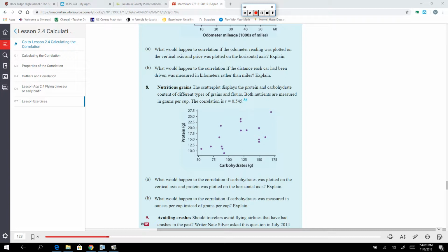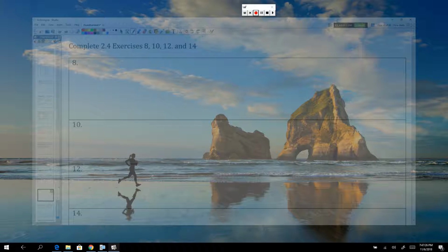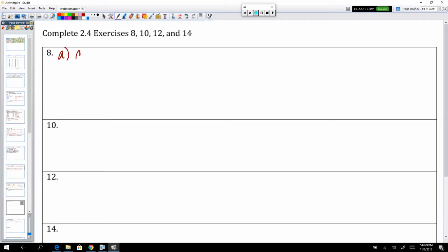This is a favorite question of statistics teachers. We love trying to get you on this one, okay? If you were to switch the axes, you need to understand that the correlation is going to remain the same. Correlation does not distinguish between explanatory and response variables. Okay, so if you switched carbohydrates to the y-axis and protein to the x, the correlation would not change. So for part A, correlation would remain the same.